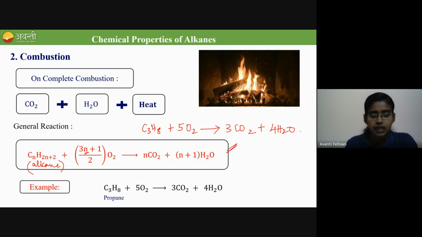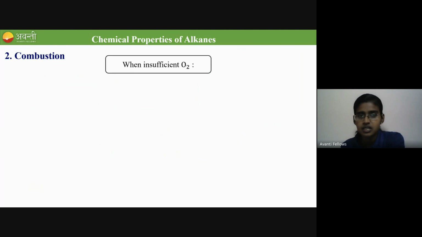So this is about complete combustion. Now next I will move on to incomplete combustion. What is incomplete combustion? When insufficient oxygen is there, we call that reaction incomplete combustion.